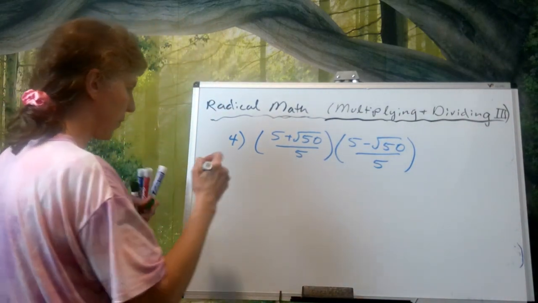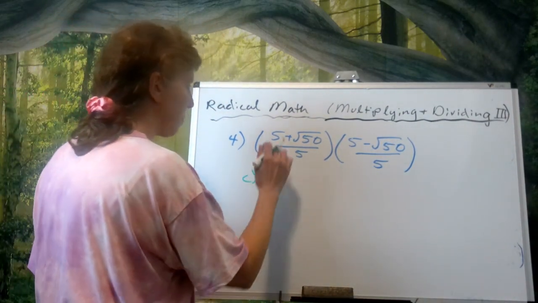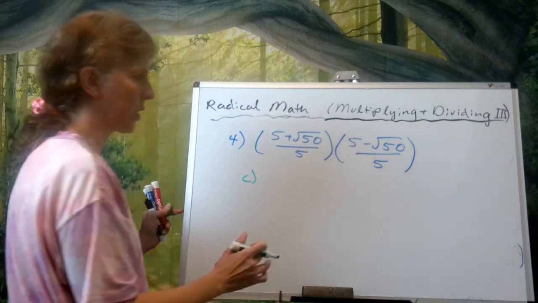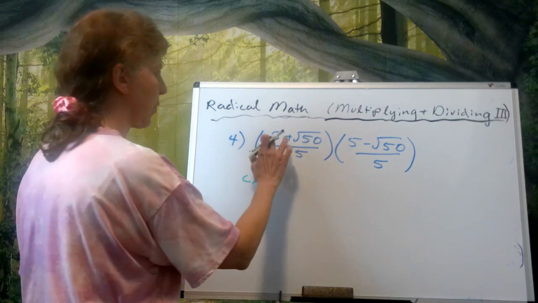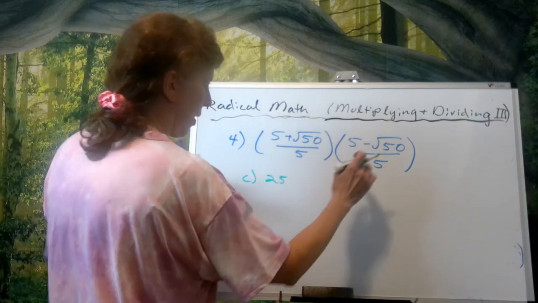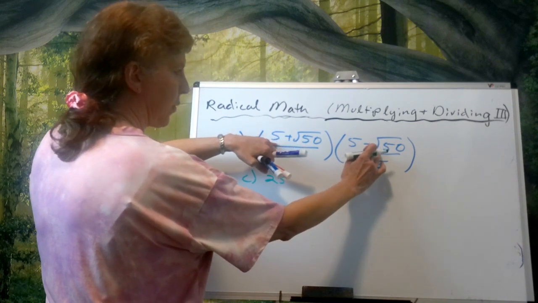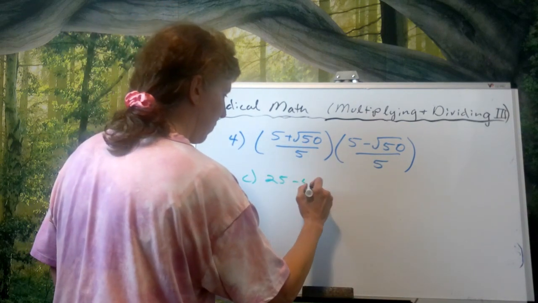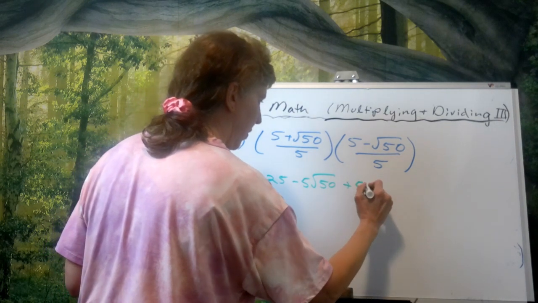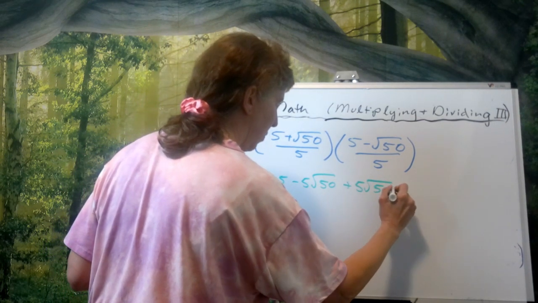right away? So what I'm going to do is multiply my numerator. I'm going to FOIL out my numerator, multiply my denominators, and simplify. So 5 times 5 is 25. Minus 5 root 50. Plus 5 root 50. So those will add to 0.